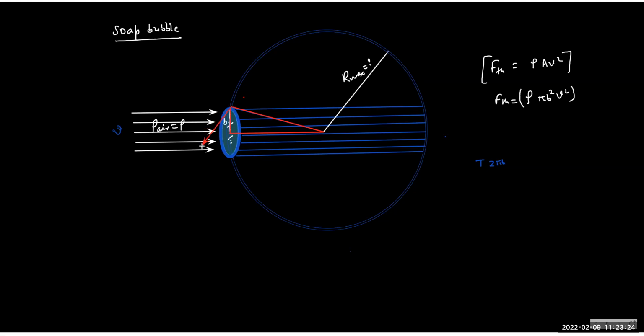You can just do a separate triangle. That's always easy to draw. So this is the opening, b radius. This is the capital R, the radius of the bubble. You can draw like this. And the surface tension is always tangential, so it is always perpendicular to the R vector.